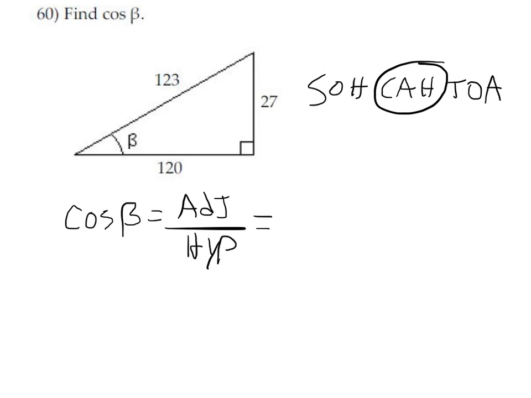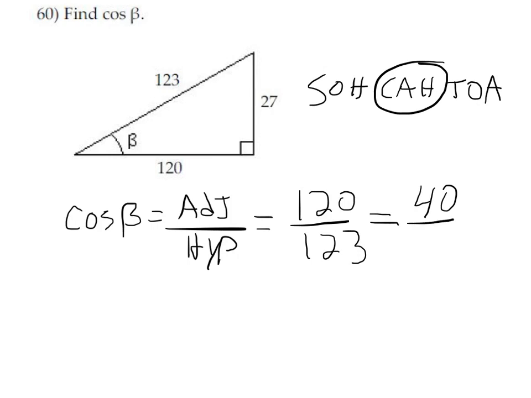In this case, from beta's perspective, adjacent is 120 and hypotenuse is 123. You can divide by 3. 120 divided by 3 is 40. 123 divided by 3 is 41. And that's the value for cosine beta.